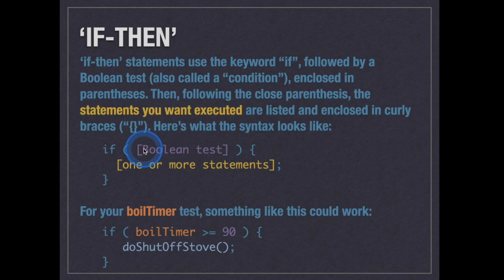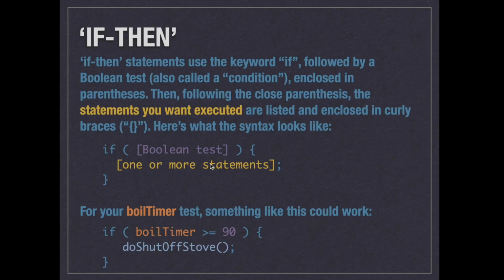Inside is the Boolean test or condition that will evaluate down to a true or false. Then for most if statements, you use an open curly brace and a closed curly brace to surround the statements that you want executed for a true condition. So if the test is true, you'll execute those statements in between the curly braces.